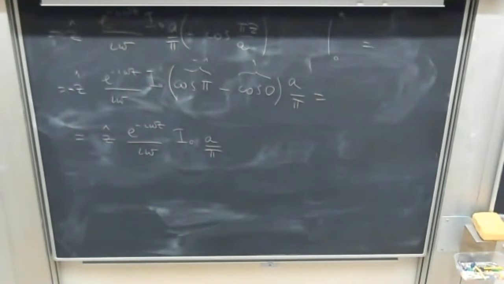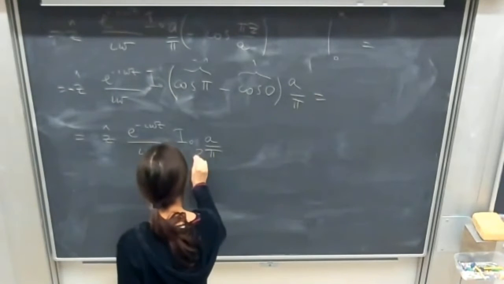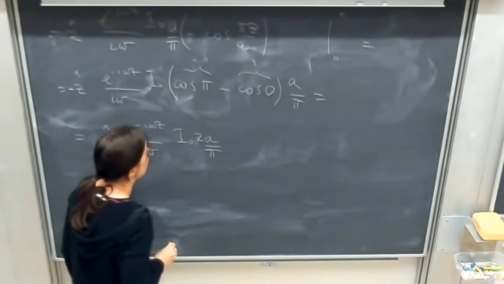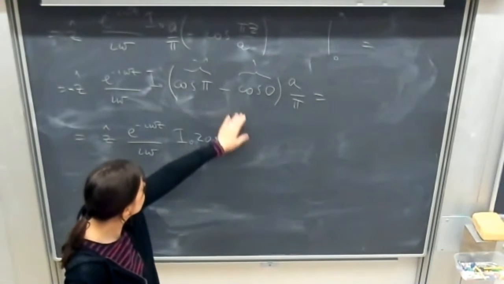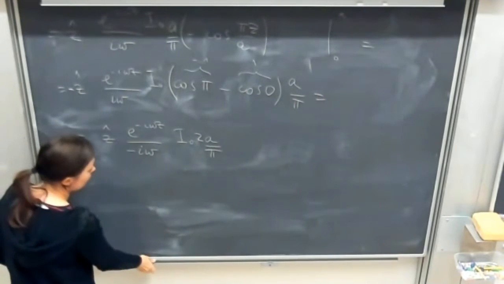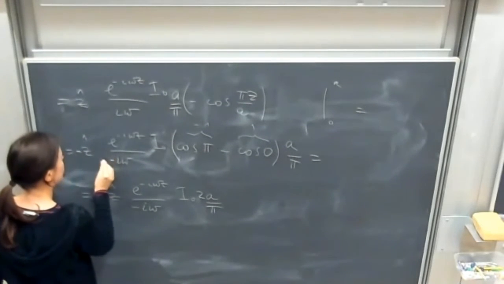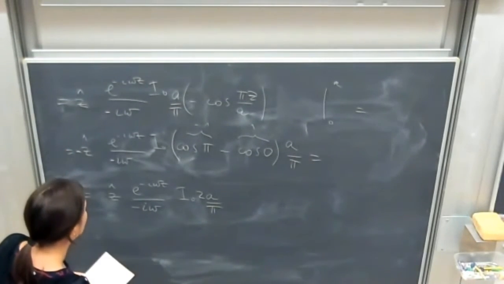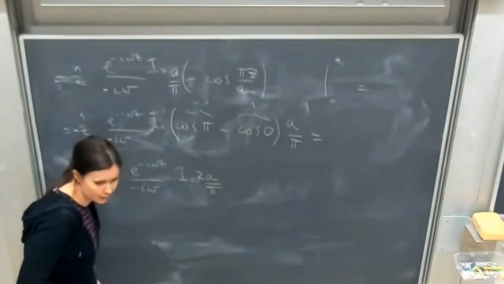If it's correct, I lost a 2, of course. 2a, 2 from here. Okay, I also lost a minus here, and the formula is minus. So that's the dipole moment.